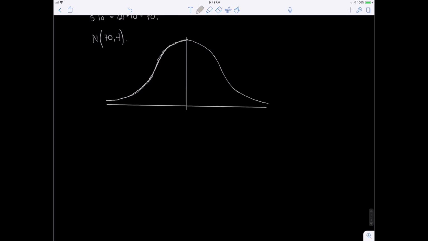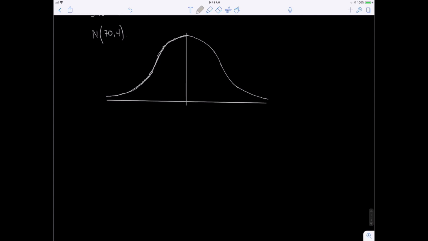Now, remember this is no different than the standard normal distribution. The mean goes right in the middle. In the standard normal distribution, we would have gone 1, 2, 3 standard deviations to the right and 1, 2, 3 to the left. The picture is exactly the same, but now instead of a standard deviation being 1 unit, it's 4 units.